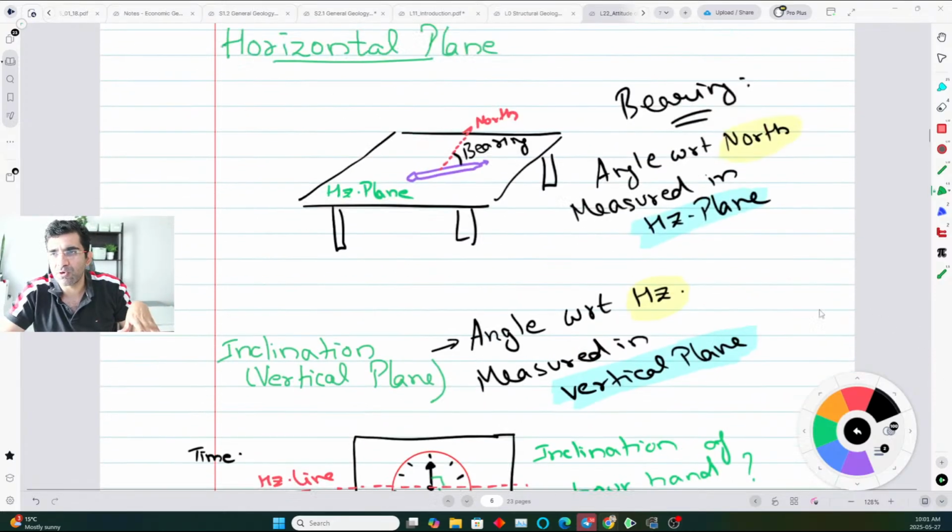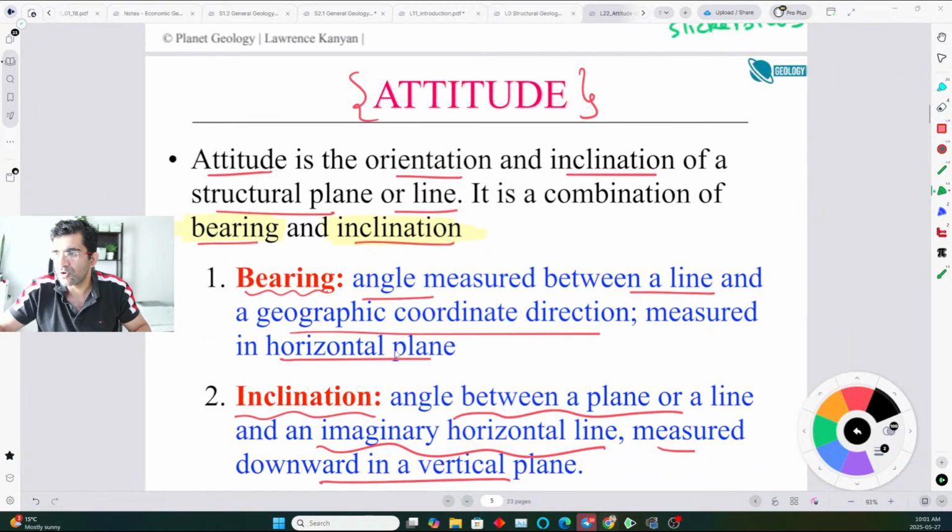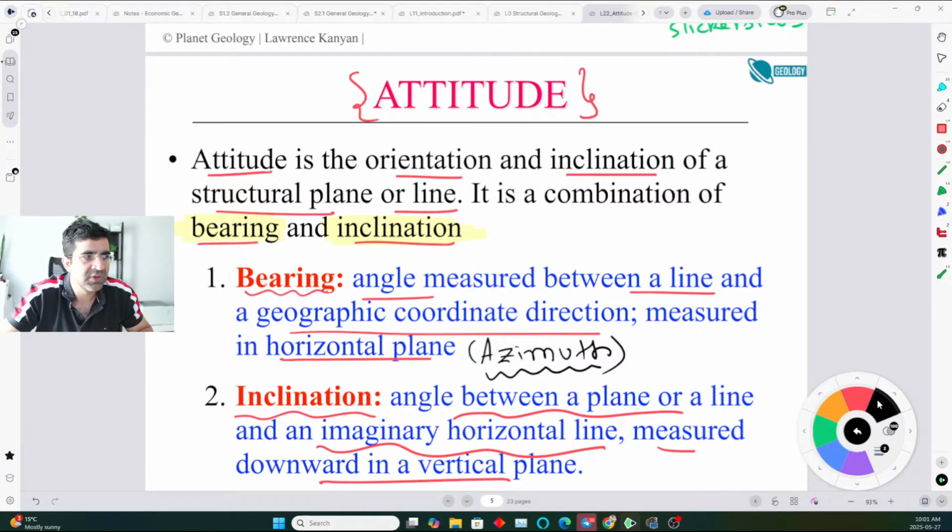So it will be similar to bearing, so you can also call it azimuth. So azimuth and inclination, you are right.